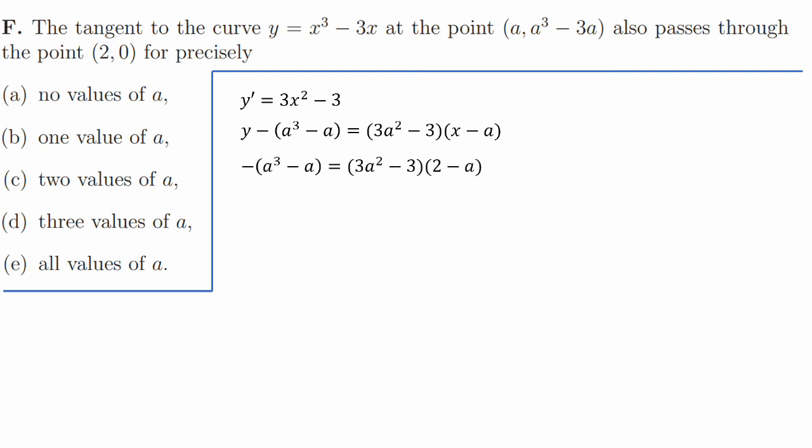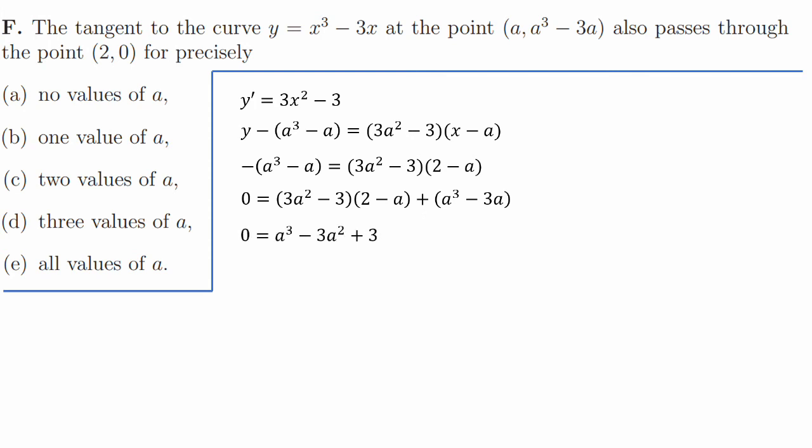We then insert the value of x equals 2 and y equals 0 so that we get negative quantity a cubed minus a is equal to 3a squared minus 3 times the quantity 2 minus a. This will be true if the equation is true, so we rearrange the equation to get 0 is equal to 3a squared minus 3 times the quantity 2 minus a plus the quantity a cubed minus 3a.